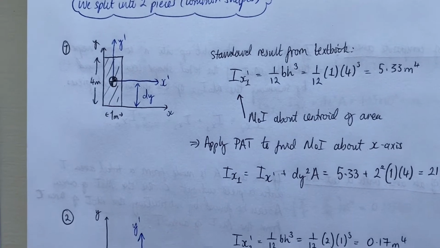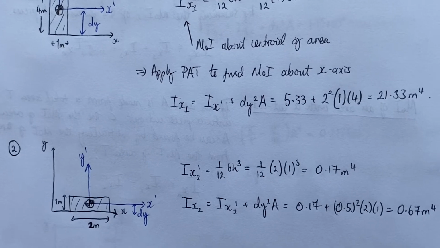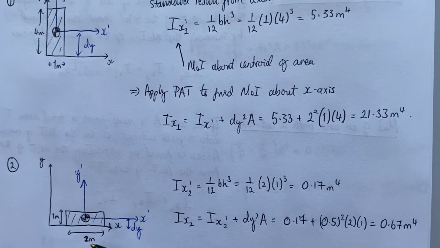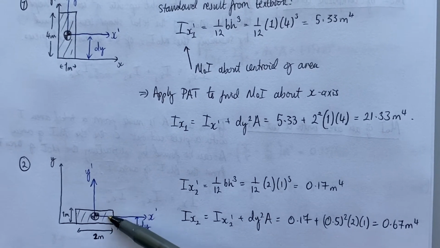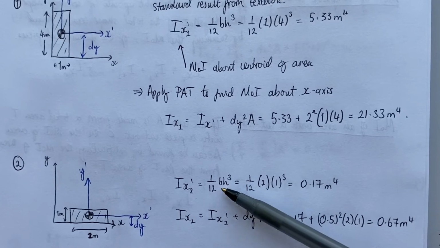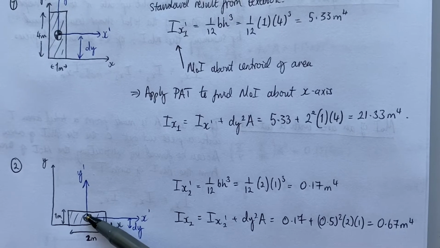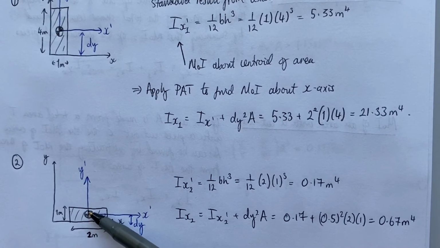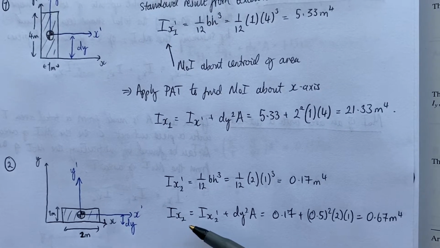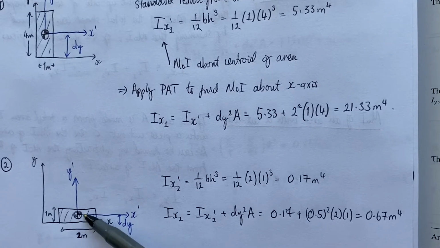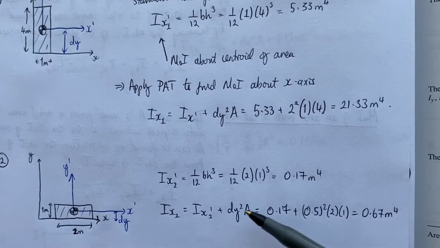So now let's deal with the second piece, and this is exactly the same, apart from we just need to recall that the rectangle is the opposite way around. We have the same formula here for finding the moment of inertia about the centroid, and then we apply the parallel axis theorem again to find the moment of inertia of this piece about the x-axis.